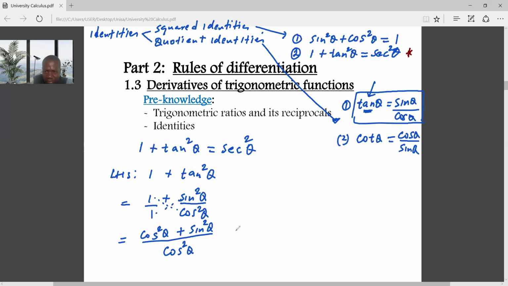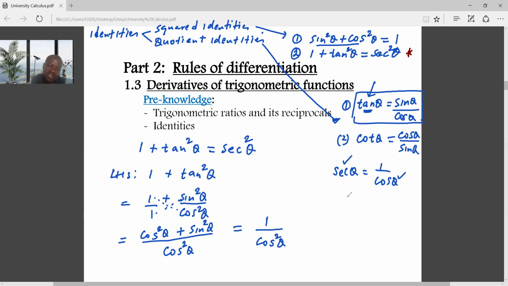But look at the numerator. We have cos squared theta plus sine squared theta, and we know that sine squared theta plus cos squared theta is 1. So this will become 1 over cos squared theta. But look at this. We know that sec of theta is just 1 over cos, because sec is the reciprocal of cos.